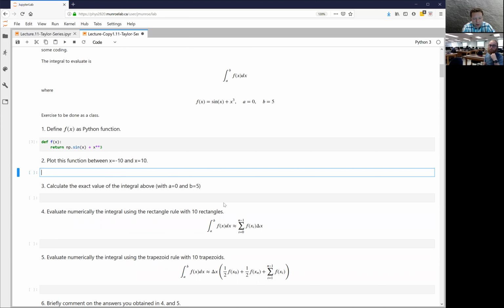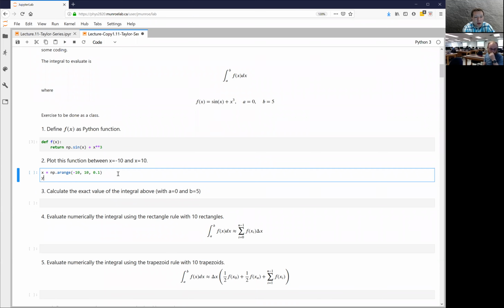So what I mean by that is we would say something like, define an array using a range that starts at -10, goes up to +10, and then skips every 0.1.